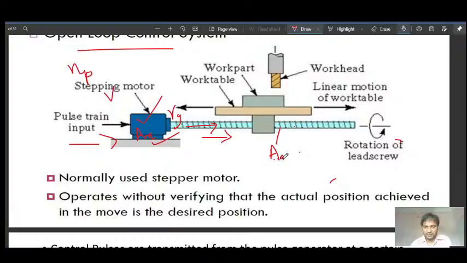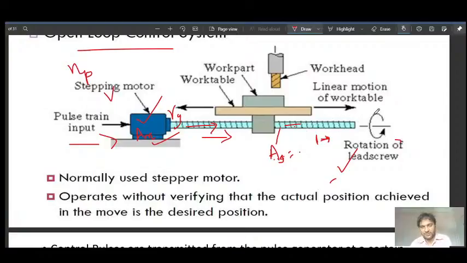So in total, this one, As, is the total angle rotated by the lead screw. As you know, if the lead screw rotates one complete rotation, it will move one pitch. That is the concept of thread. Obviously, it moves in either direction depending on which direction we are rotating.